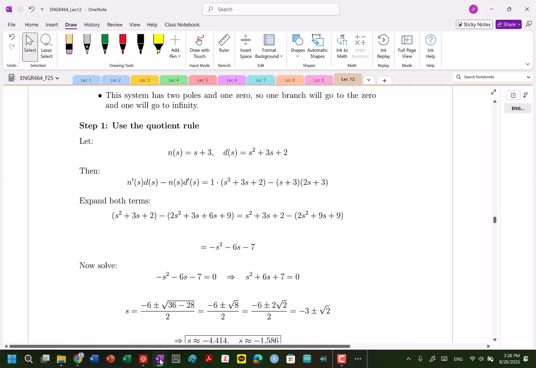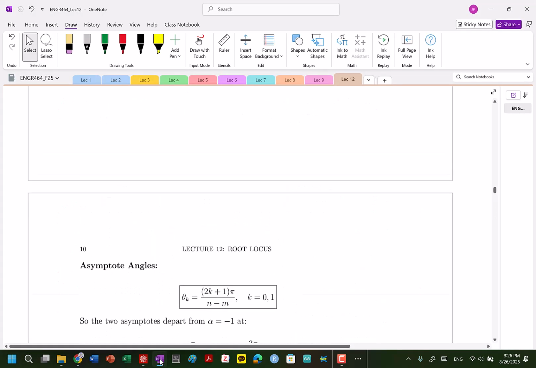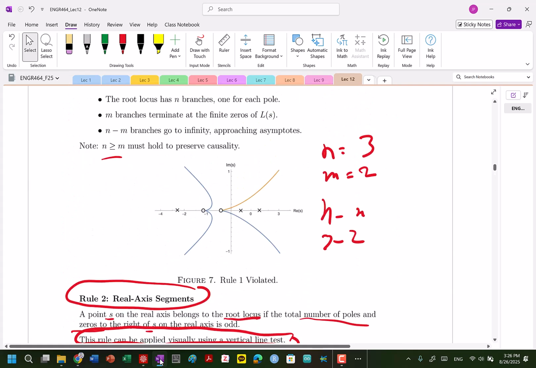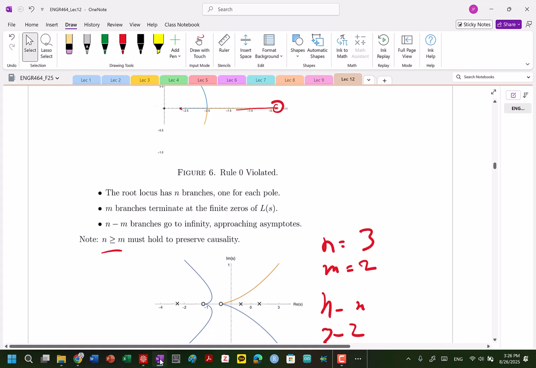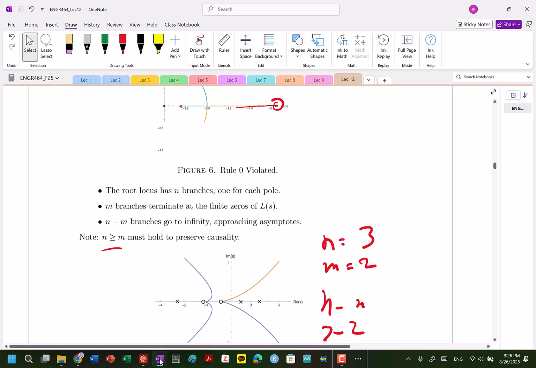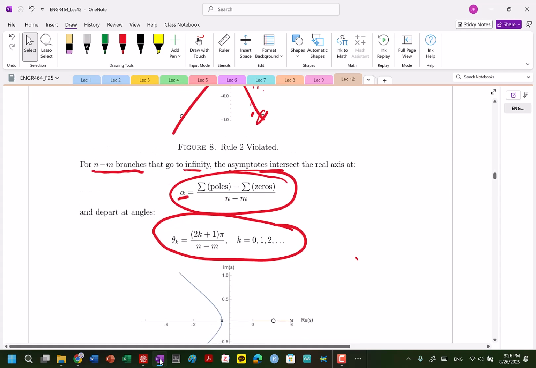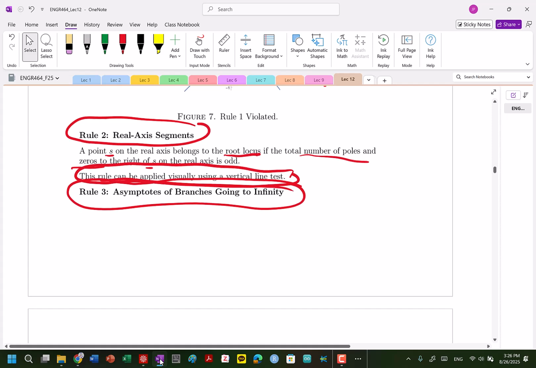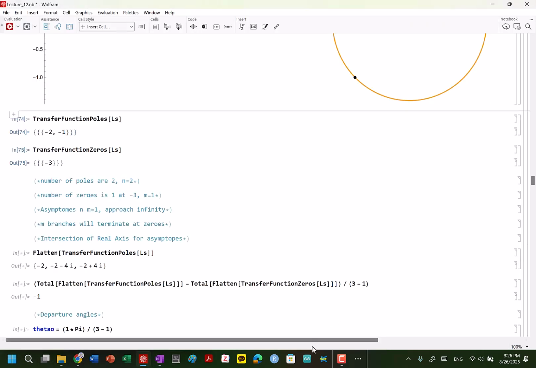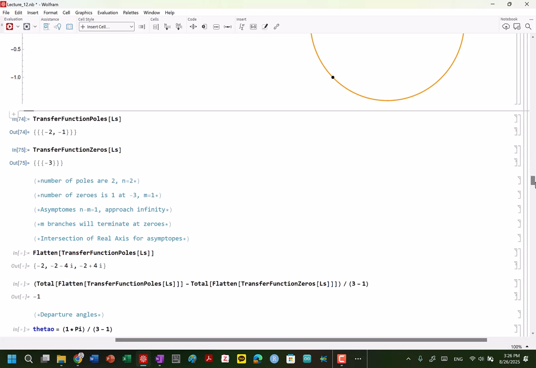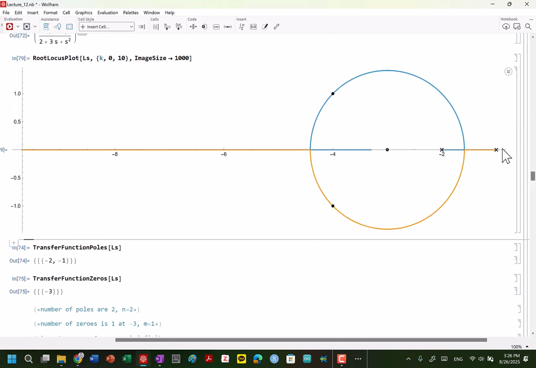Which rule is it? Let's go back. Rule 0, good. Rule 1, one branch valid is there. And then the real axis segment. Are we okay with the real axis segment? Looking to the right of 0, that's even.